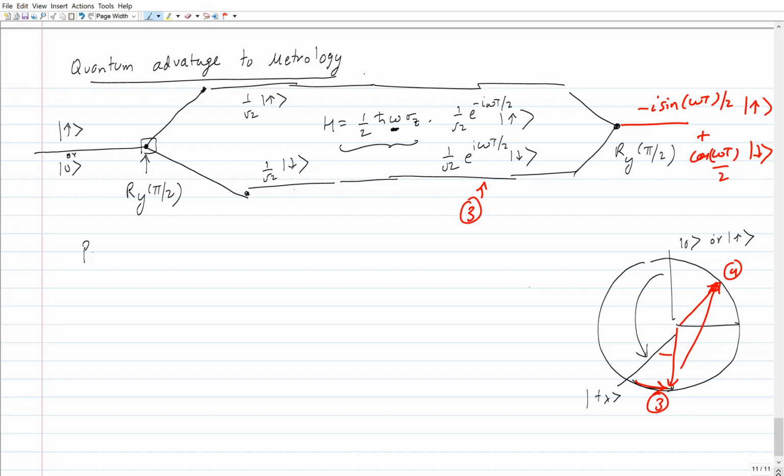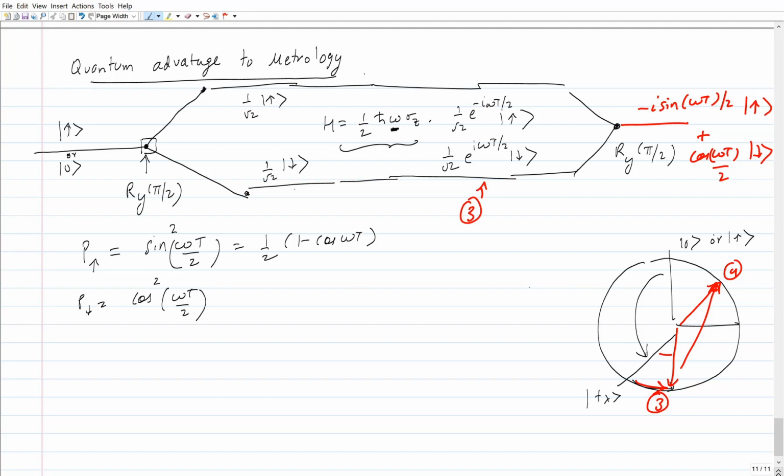So once I have converted this, the probability of detecting it in upspin is given by the Born's rule, which was the probability of detecting it in the downspin.